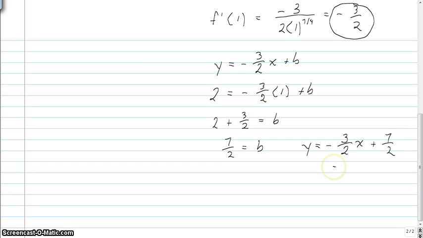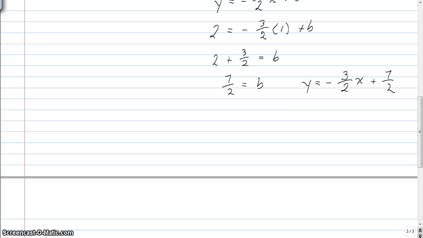Now they may write something different in your answer. For instance, if I multiplied all the way through by 2, I'd have 2y equals minus 3x plus 7.